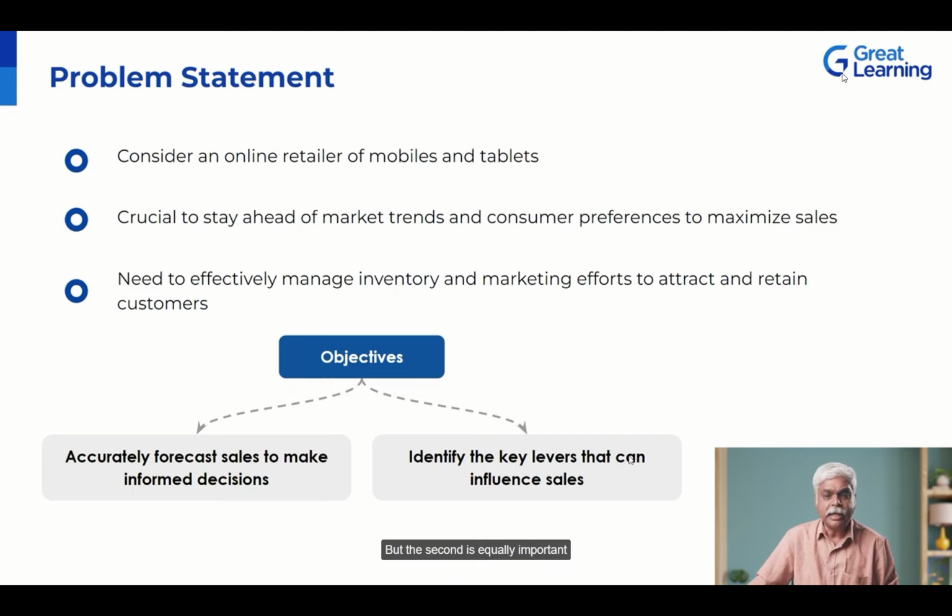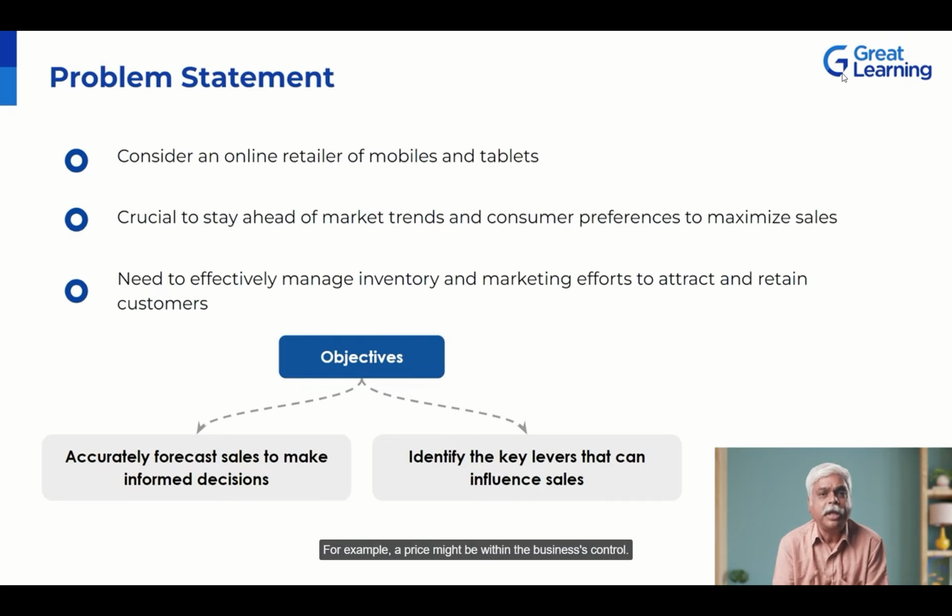But the second is equally important, to identify the key levers that can influence sales. Why? Well, your objective is to maximize sales, but you simply can't go to people and say, buy my product. A customer buying things is not entirely within the business's control. What is within the business's control?